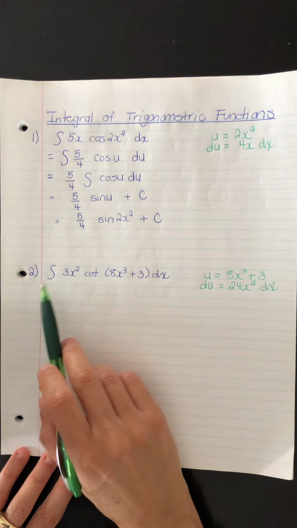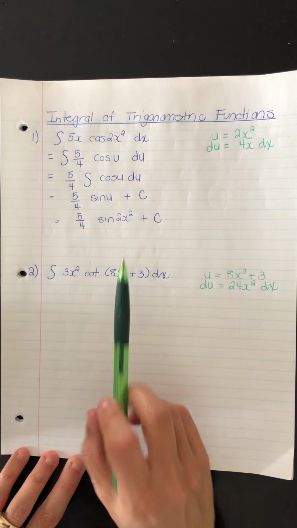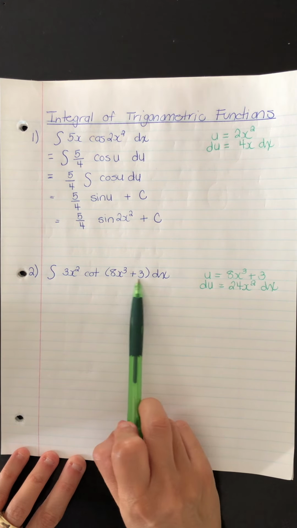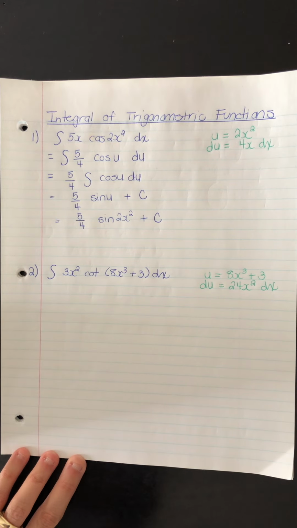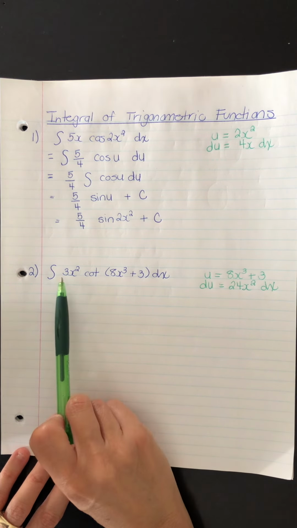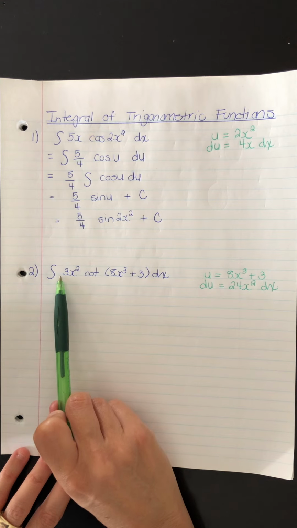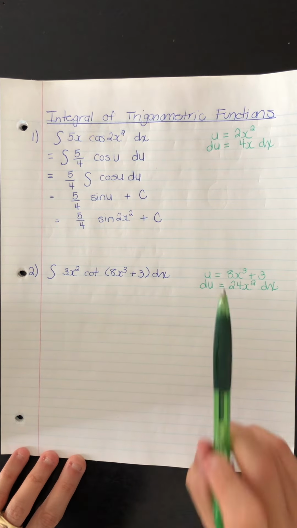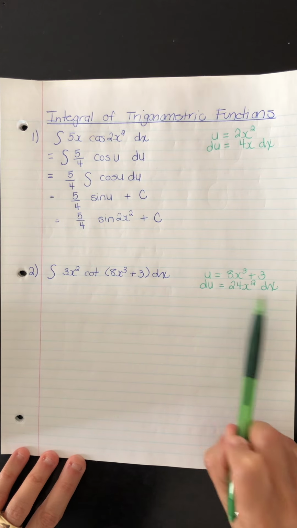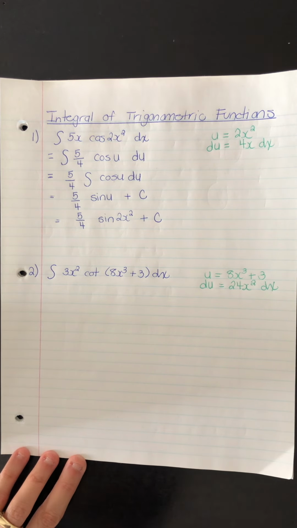Okay, so now again, we're going to rewrite this integral with a u. So we'll have cotangent u. Okay, but now here's when we compare 3x squared dx with 24x squared dx.